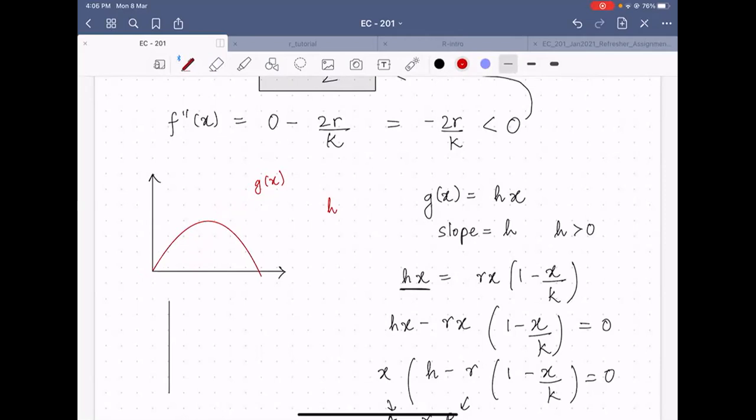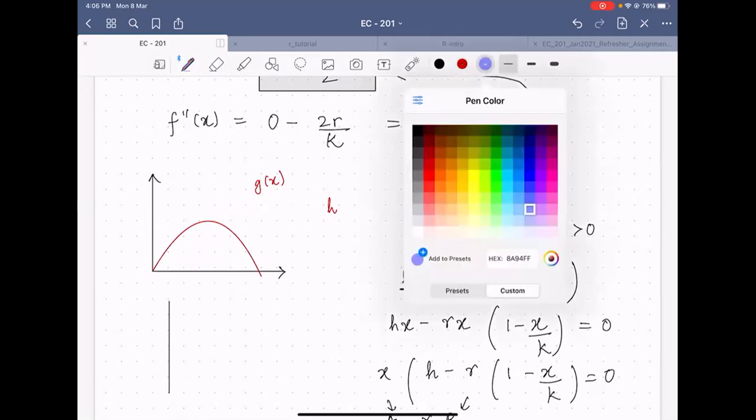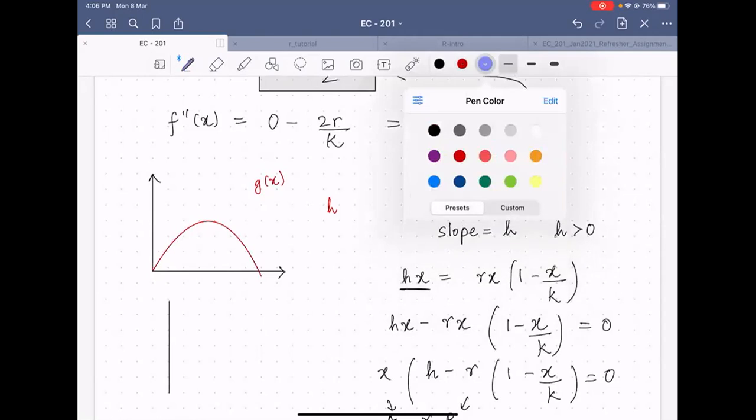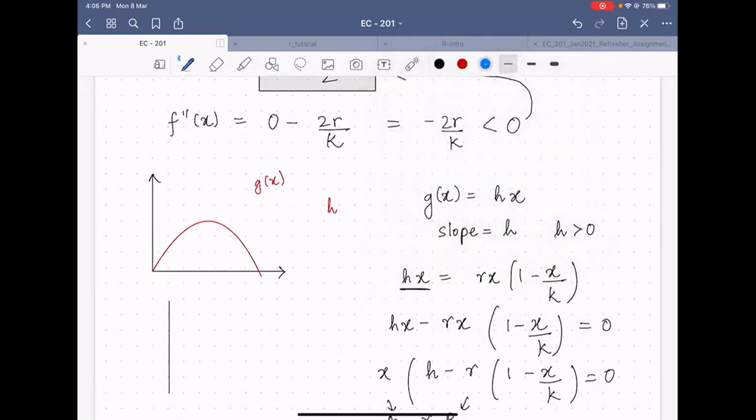So I'll just give you an example. My straight line could go like this. Okay. My straight line can go like this, or it can go like this. So here, how many points of intersection can I expect while I am changing the slope of the straight line?